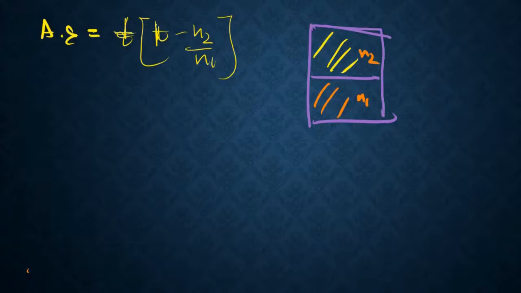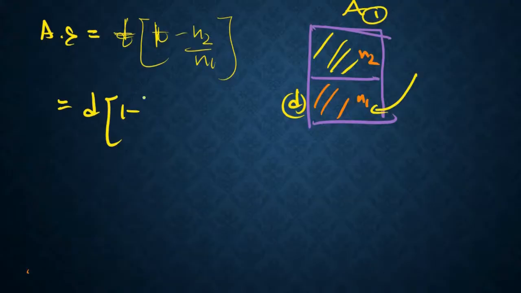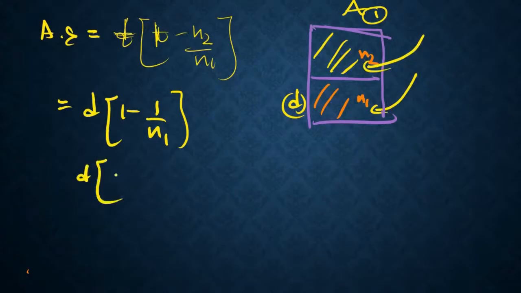So let's apply our equations now. First one here, the thickness of the medium is d, so d into 1 minus, the second medium we can take as always the medium of incidence, so it's 1, so it's 1 over n1, and the shift of the second medium is again d into 1 minus 1 over n2.